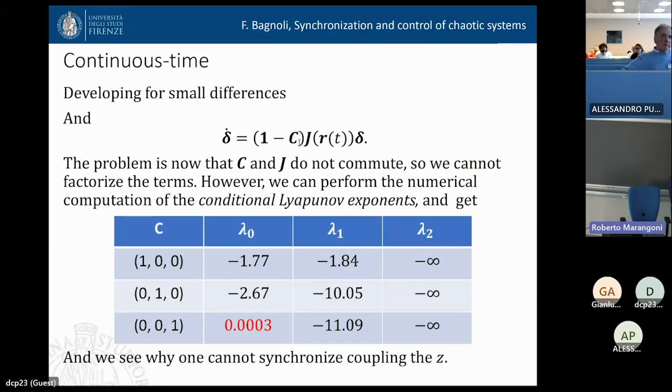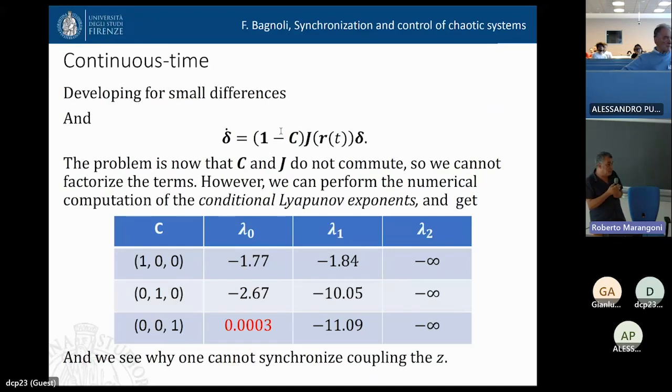You have a phase in the tangent space in which your map is expanding, and then a phase in which you are pushing. Clearly, if C, the pushing, commutes with the Jacobian, it is the same as performing first the product of all Jacobians and then the product of all pushing, and so you get the relationship between synchronization and Lyapunov exponent.